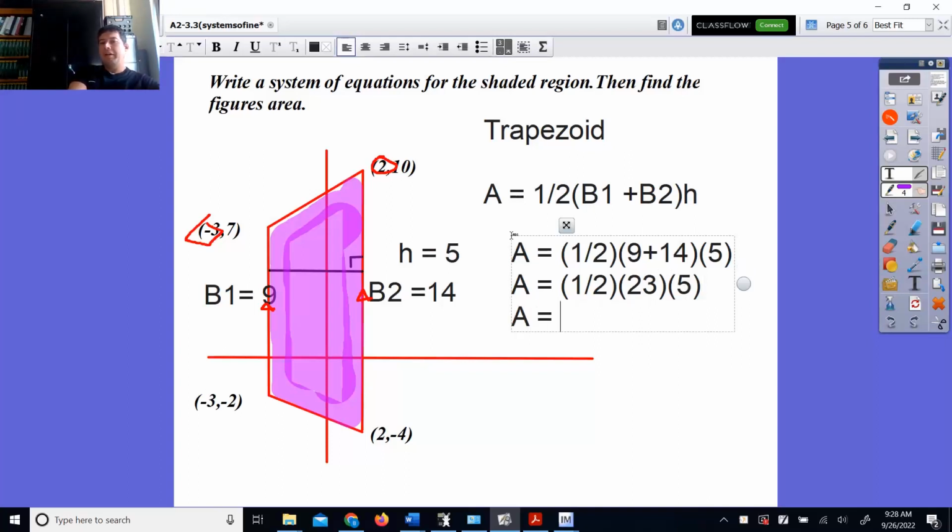What's 23 times 5? 115, that's right. Then you're just going to take half of that. How do you take half of something? Throw it over 2. Done. Unless it simplifies, don't worry about it.